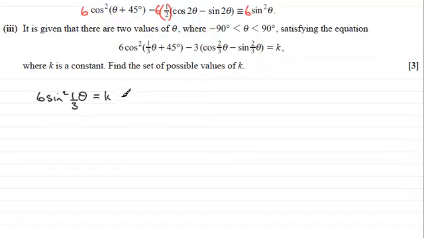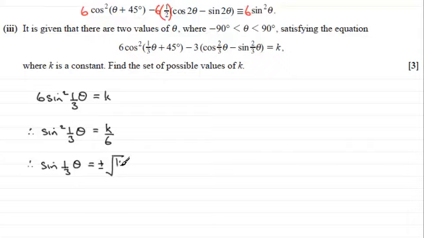And from here on, if I divide both sides by 6, I therefore have sine squared of a third theta must be equal to k over 6. And then if I take the square root to both sides, we therefore have the sine of a third theta equals plus or minus the root of k over 6.